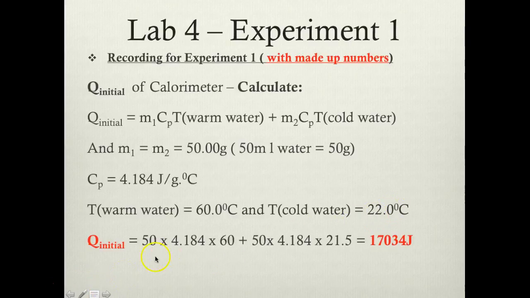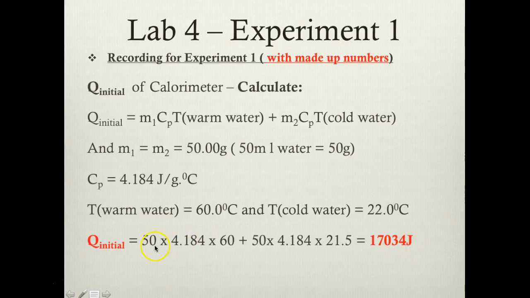So you will plug in all those numbers: 50 grams times 4.184 times 60. Again, 50 grams times 4.184 times 21.5. So this is a typo here; it should be 21.5. And then the number comes out in terms of joules.